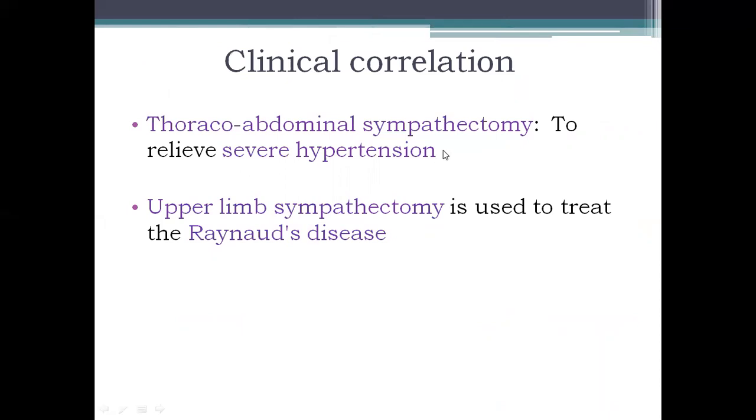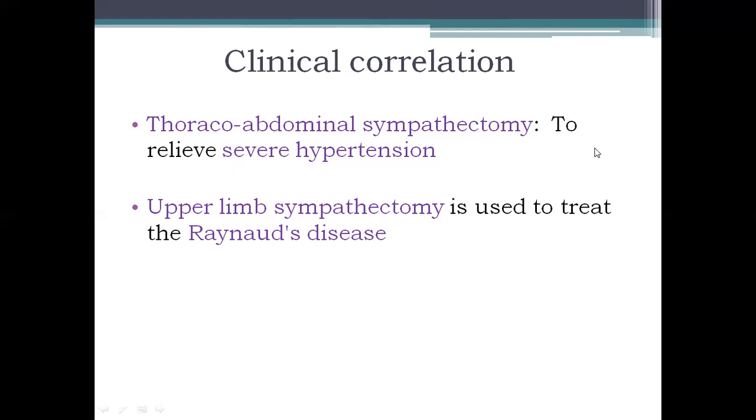Once bilateral sympathectomy is done, the sympathetic nervous system is excised. When it is present, only vasoconstriction occurs and there will be an increase in blood pressure. But when the sympathetic nervous system is removed, there will be vasodilation and a fall in blood pressure. So thoracoabdominal sympathectomy is used to relieve severe hypertension.